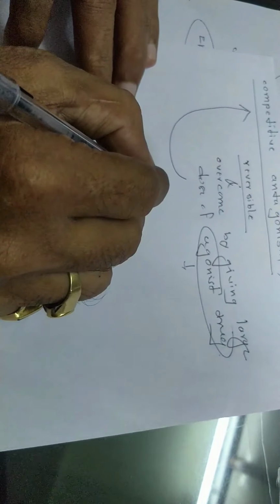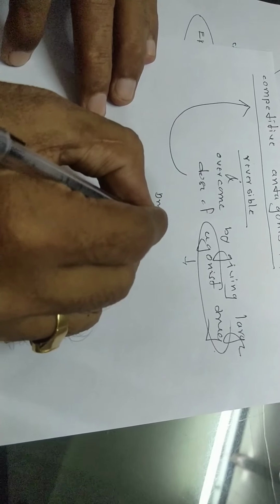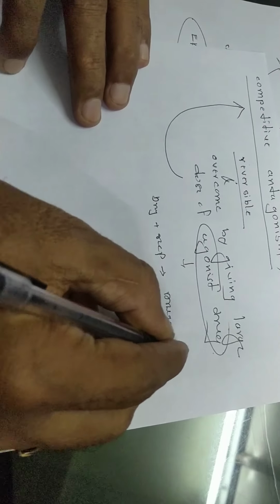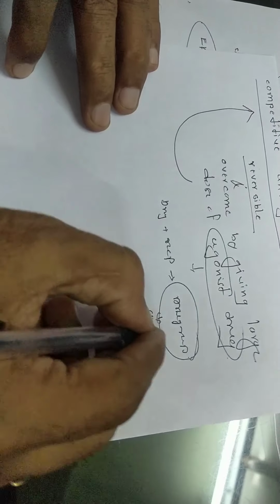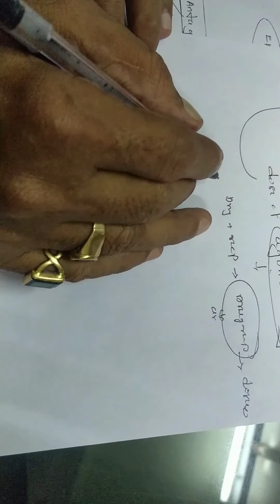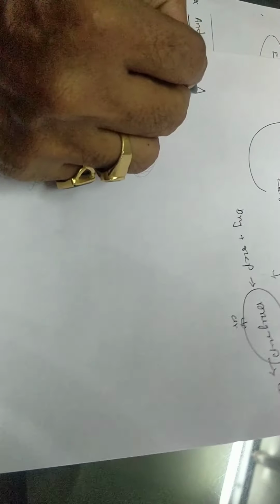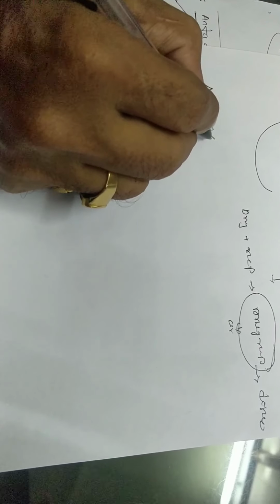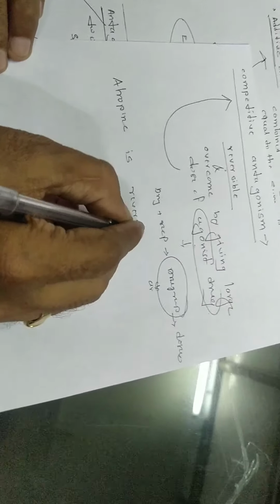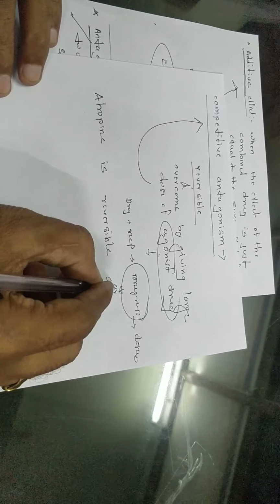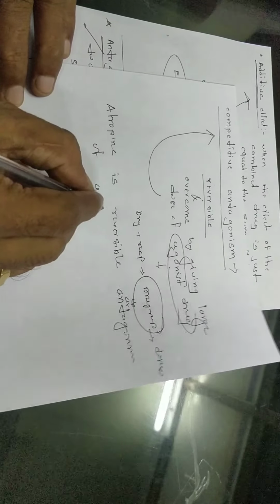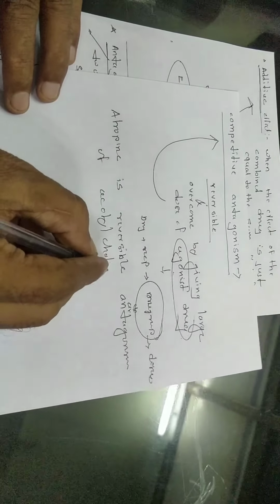Agonist drug: the drug binds to the receptor, forms a drug-receptor complex because of the affinity, and then produces the desired effect. That is called the agonist. Now the example of the antagonist: atropine is a reversible antagonist of acetylcholine.